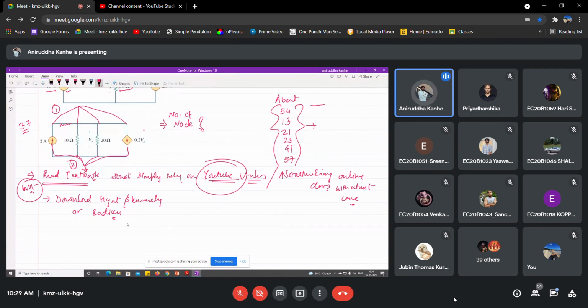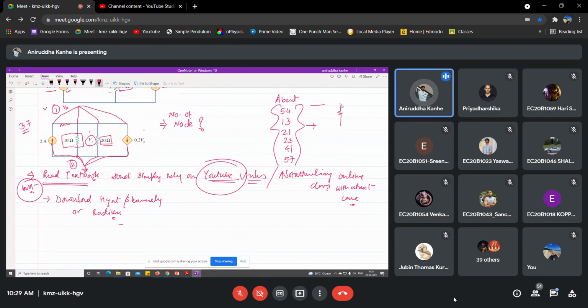Now let us write the nodal equation. For node 1, in the equation it is given that the drop across this 20 ohm resistance is considered as Vx. So instead of writing V1, we can write Vx, because whatever is the drop across this, the same voltage drop you will find across the 10 ohm also. Why will you get the same?